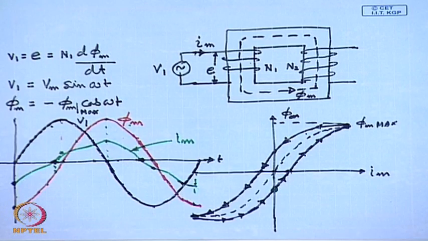There are a few things to note about this waveform. First, this is not sinusoidal. Although voltage and flux waveforms are sinusoidal, the magnetization current definitely is not sinusoidal. But it is periodic and has the same period as the voltage and the flux.